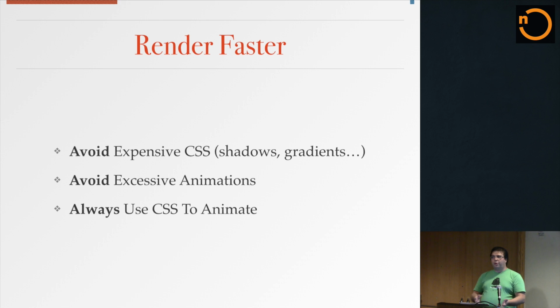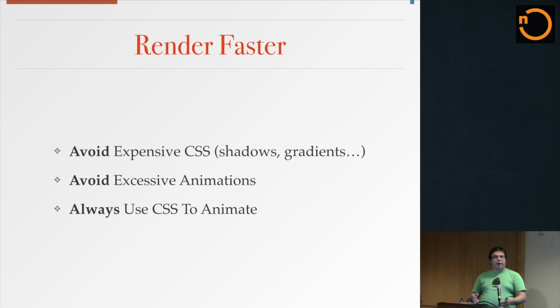And also, it's true for animations. As a rule of thumb, on mobile, if the animation is written in JavaScript, it will be around 3 to 4 times slower than its desktop counterpart. So try to use as few animations as you can, and try to use CSS for animation, because it's GPU accelerated and optimized for animating or moving stuff around.